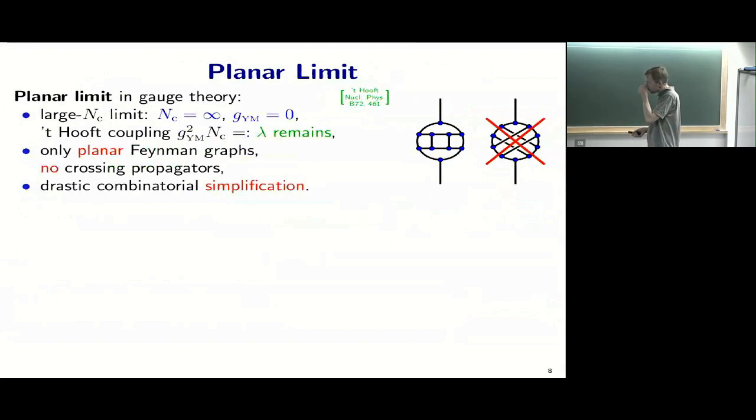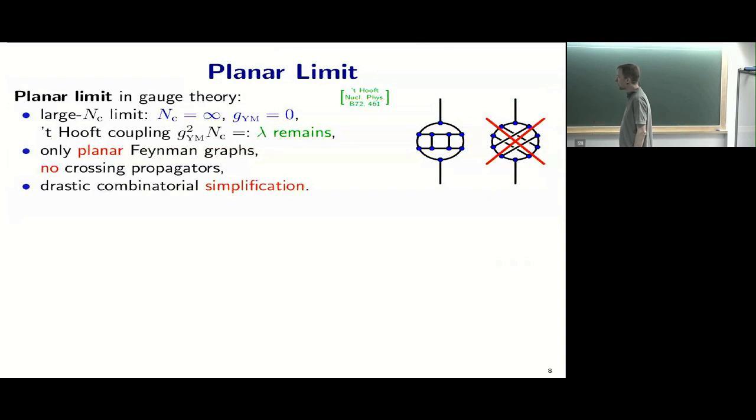And then the third key issue I will be looking at in this series of talks is the planar limit. In the gauge theory, it's the large N limit, where you take the rank of the gauge group to infinity, while at the same time you take the Yang-Mills coupling constant to 0, while preserving the 't Hooft coupling g squared N, which is lambda.